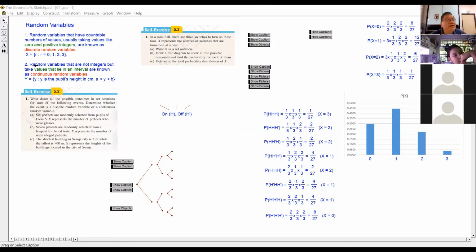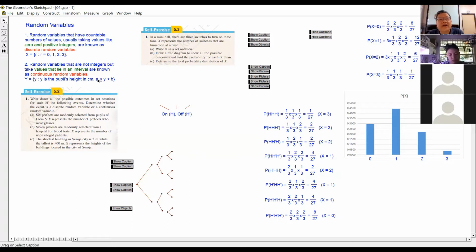So let me read this number two. Random variables that are not integers but take values that lie in an interval are known as continuous random variable. Let's say we use the capital letter Y. Capital Y is the set of numbers y, small y, such that y is the pupil's height in centimeters, and it is between the smallest number and the biggest number.